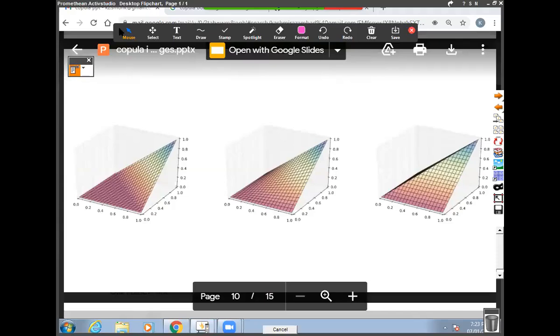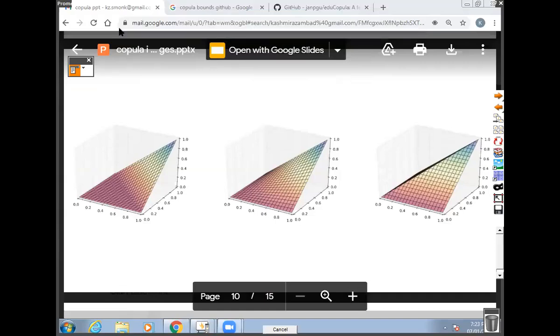So here I have 3 different graphs, which represent the 3 different types of fundamental copulas that we just had a look at. Remember, there was one case where these were independent. So my copula, if I'm looking at U comma V, was just U times V, right?